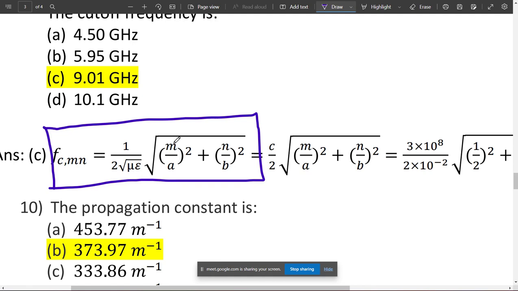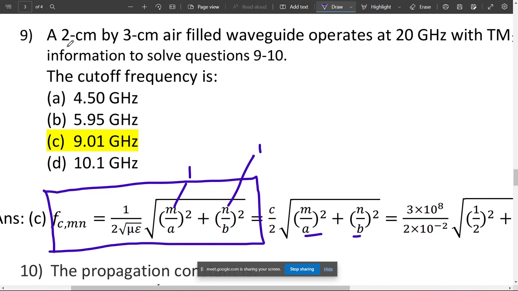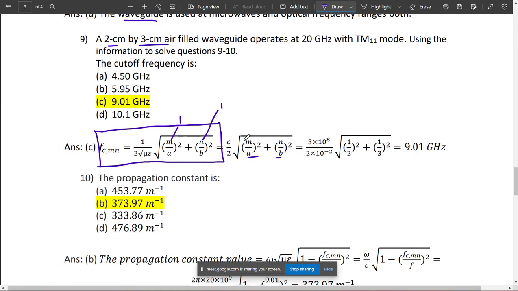Here m and n are the mode numbers, that is 1 and 1. We know a and b, which are 2 centimeter and 3 centimeter. We know c, the speed of light, 3 into 10 to the power 8. We will put all these values and find out, and it will be equal to 9.01 gigahertz.